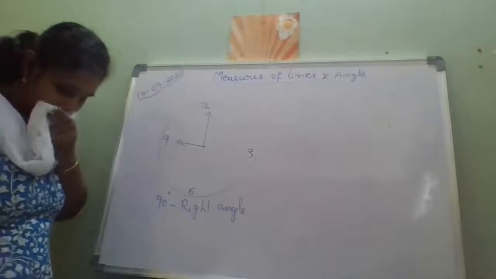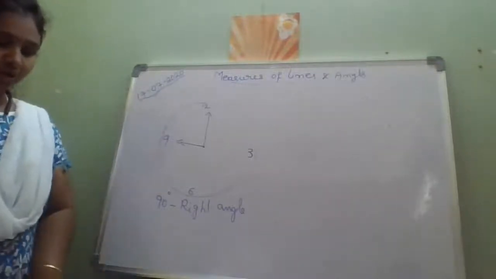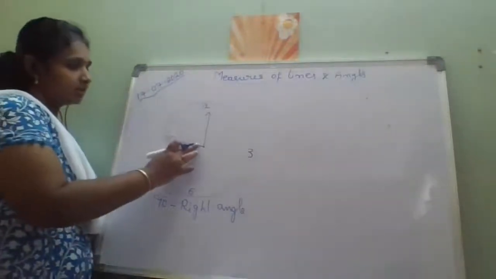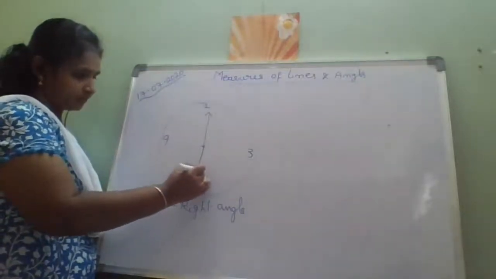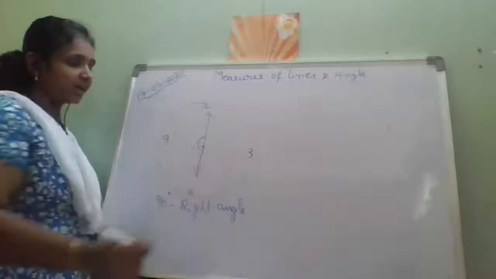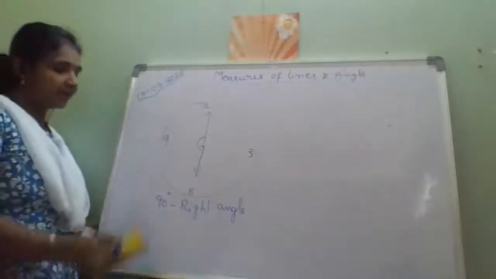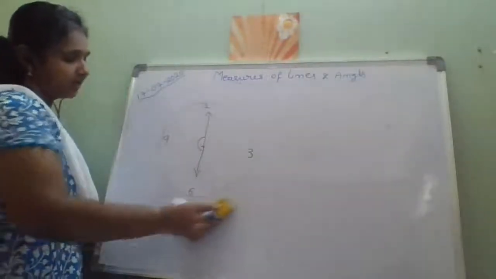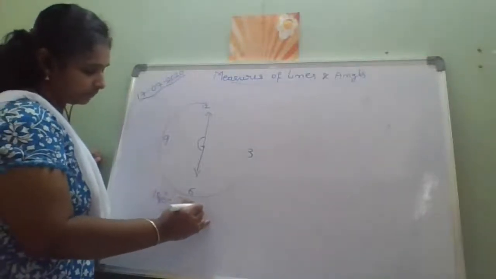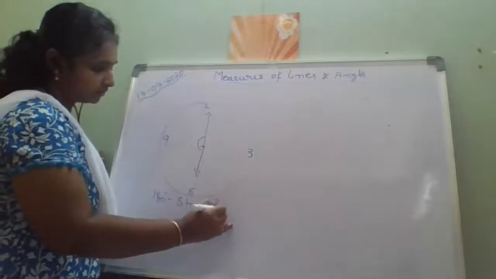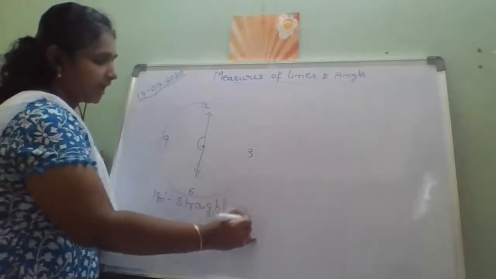Okay, next. At 6 o'clock. 6 o'clock means straight angle, 180 degrees. Straight angle.